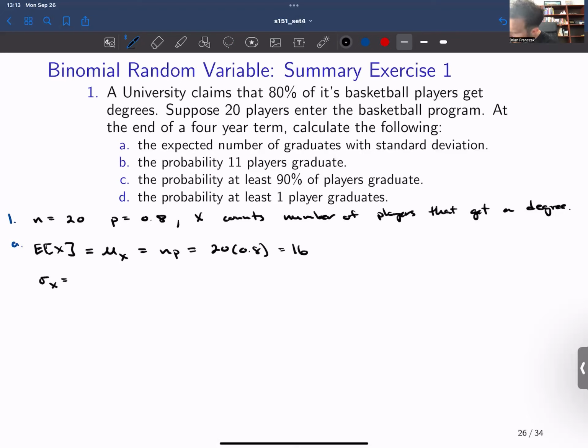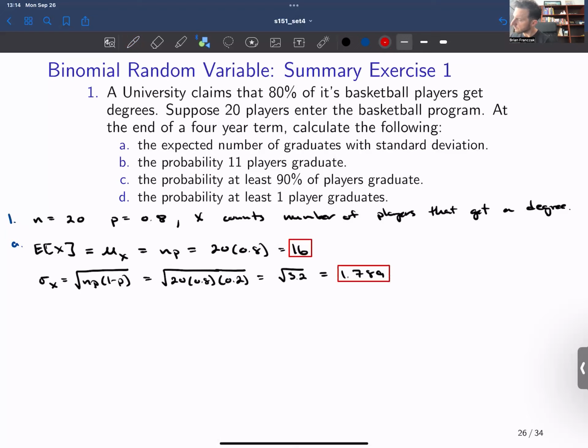The standard deviation of X is equal to the square root of N times P times 1 minus P. So this is the square root of 20 times 0.8 times 0.2, which is the square root of 3.2, which is equal to 1.789. So our expected number of graduates is 16, plus or minus 1.789 players.